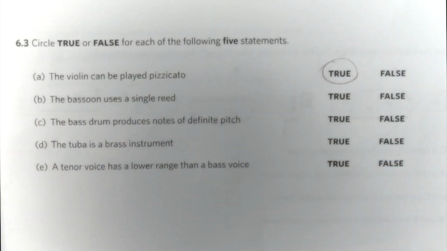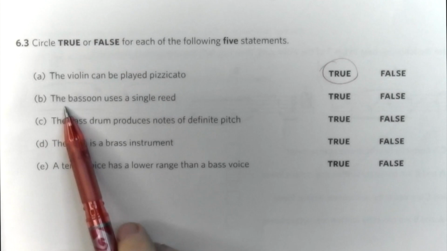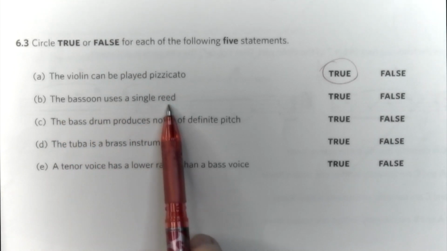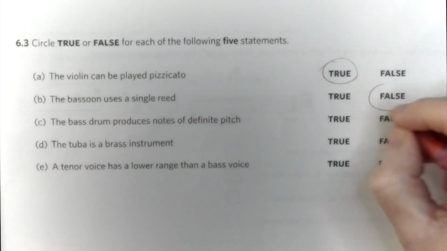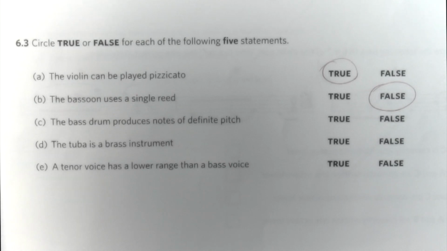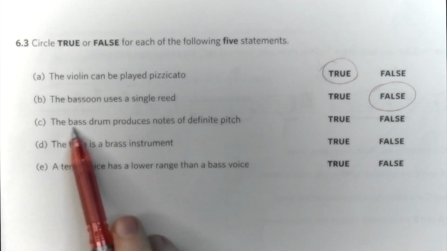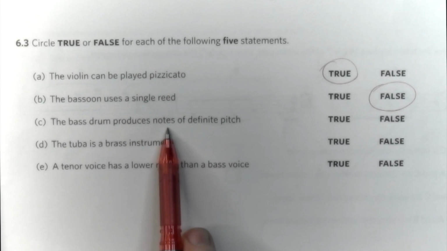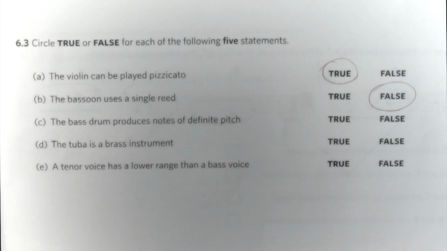So true. The bassoon uses a single reed, and this is false because the bassoon uses a double reed. The bass drum produces note of definite pitch, and I'm afraid this is false because it's like a tambourine or something, so we don't have a definite pitch, it is indefinite.